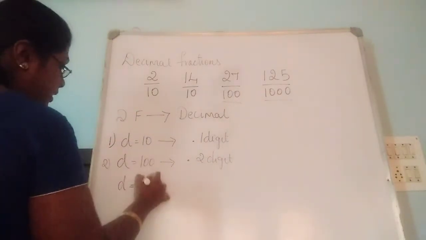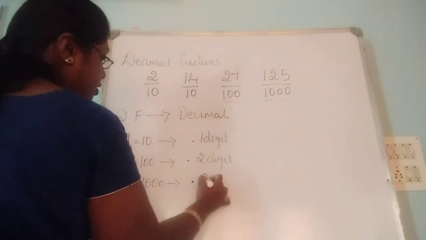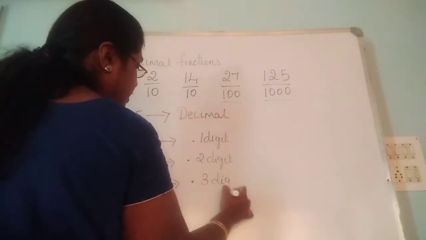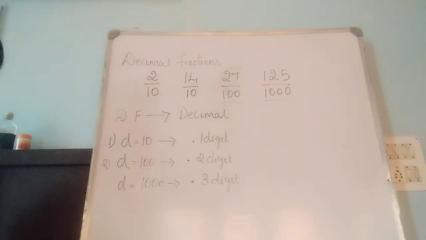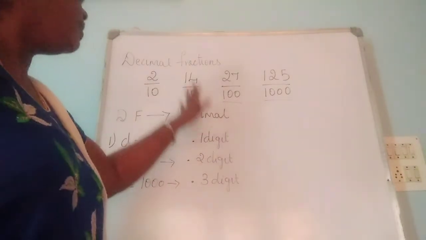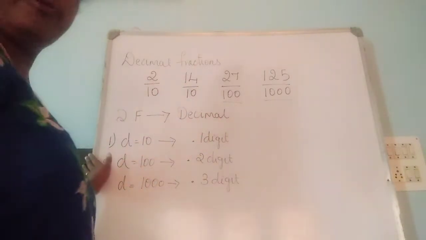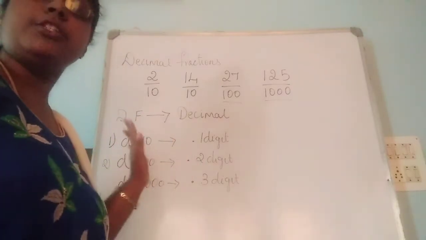If your denominator is 1000, after the decimal point you will be having 3 digits. This is the criteria to convert the decimal fraction into decimal or decimal into decimal fraction and write the number name. This criteria is very much useful.